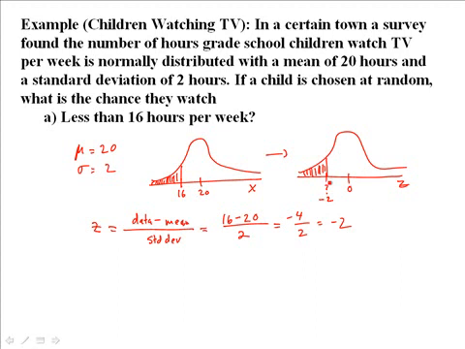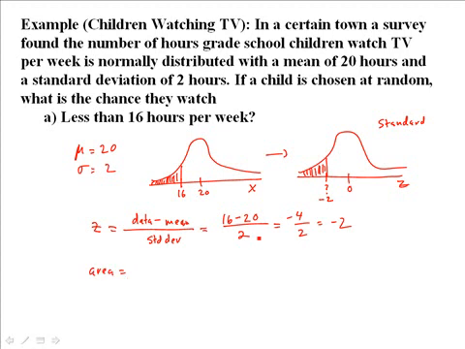All right, so this value right here is minus 2, and I want the area to the left of minus 2 underneath the standard normal curve. So this is the standard normal, and this is our original normal distribution. All right, to look that area up, I can use the standard normal table, and that goes like this.